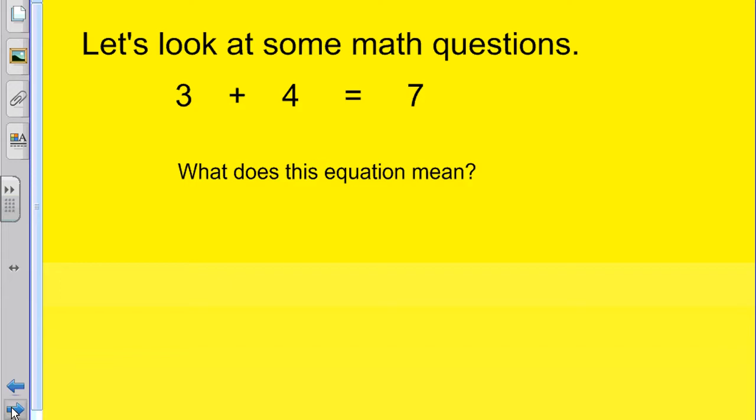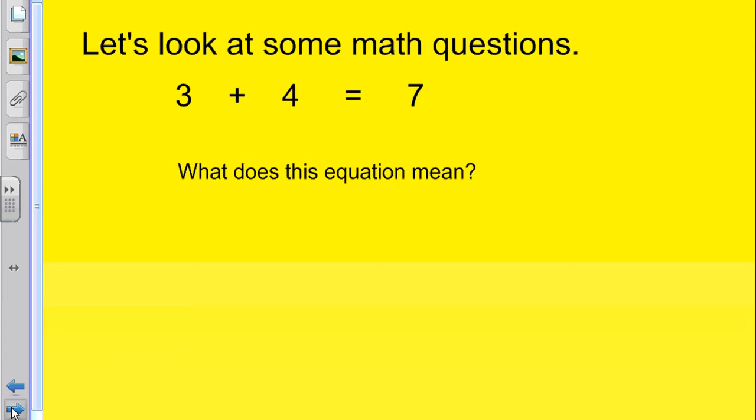The 3 means it's a number. 3 is a symbol which means 3 what? It means 3 something. 3 somethings. Stop right there. It means 3 somethings. Now we can represent those somethings with anything we want.